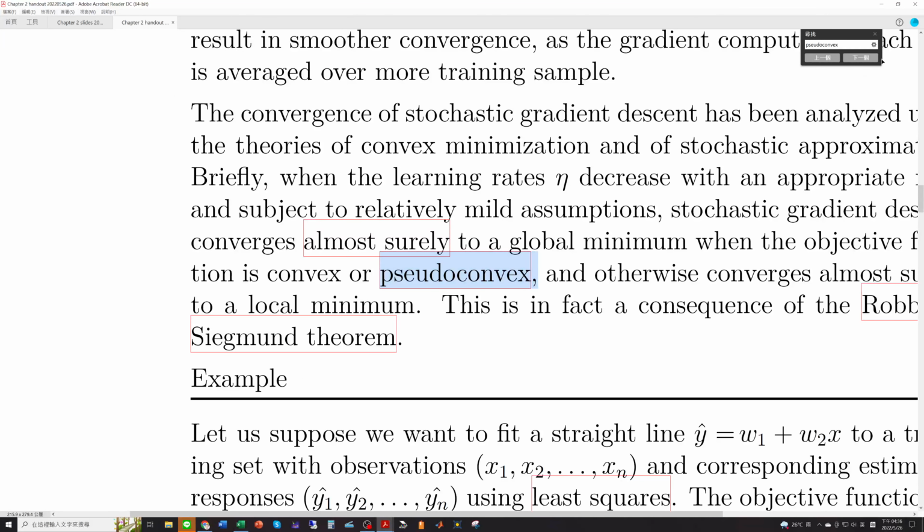Pseudo-convex first appears here, just in the next line to the line which almost surely is located in. So this is the solution to problem 2.